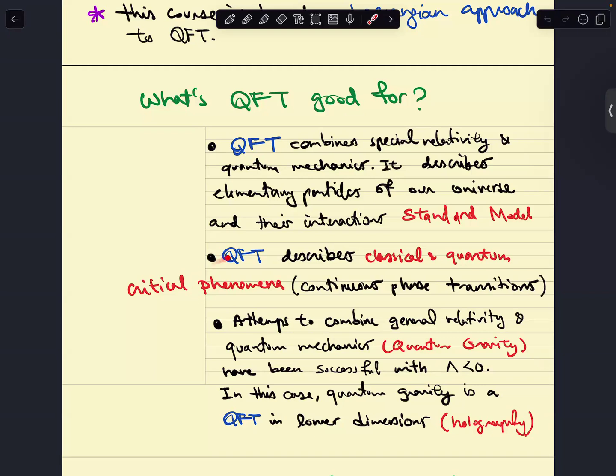But there's a completely different way of understanding quantum field theory. It's the same framework that describes classical and quantum critical phenomena. And I would like to call this a pitch for where quantum field theories come from. So today we're actually going to be talking about that precisely.